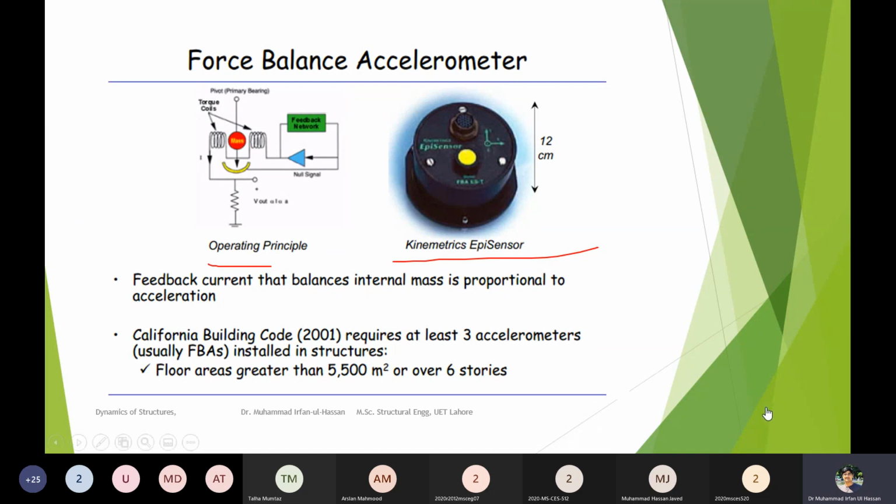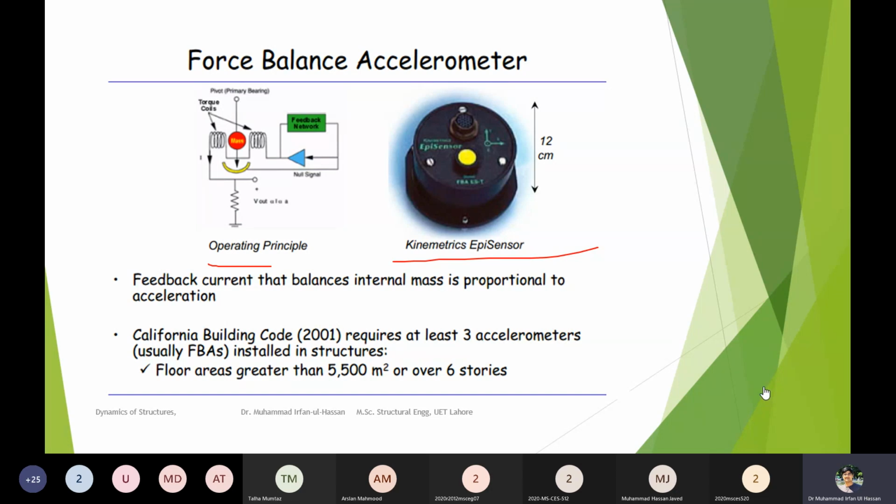So this was the first part of today's lecture, where we discussed the transmissibility, the force transferred to the ground and ground acceleration transferred to the building, how much effect the ground acceleration has on the building, and the basic philosophy of developing these vibration measuring instruments.